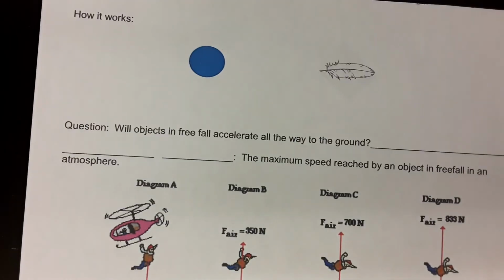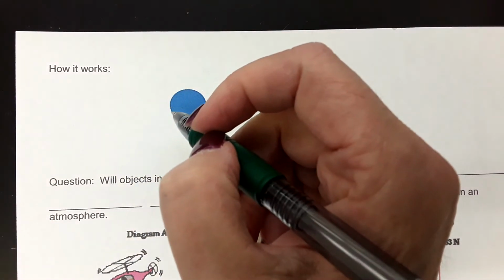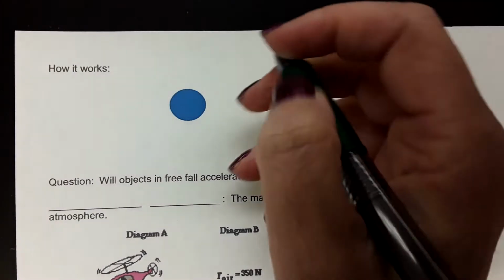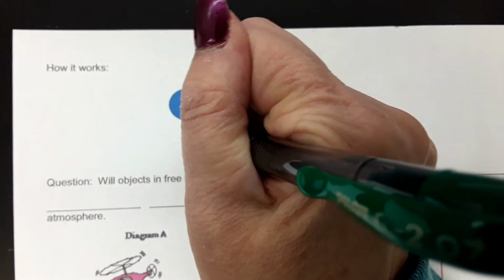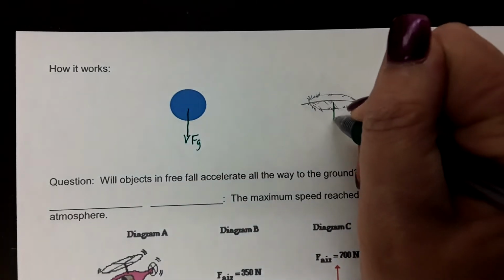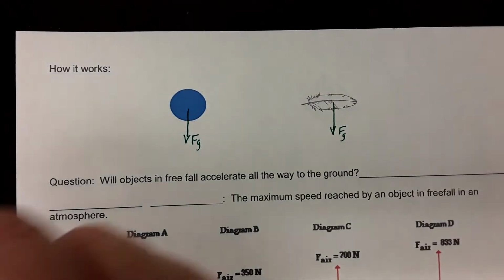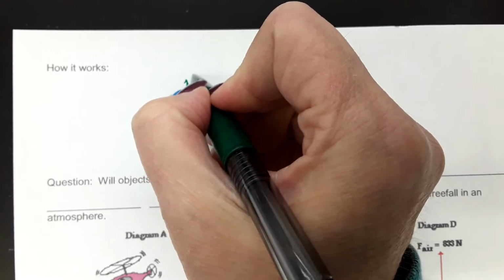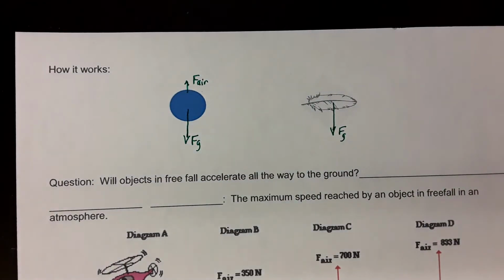Okay, so we're looking right here at the top of the second page of the notes. All right, so here's how it works. When you drop the marble and the feather, both of them have gravity pulling on them, like this. Okay, so here's the gravity pulling on each one. But the marble has only a little air resistance acting on it because it's very aerodynamic.